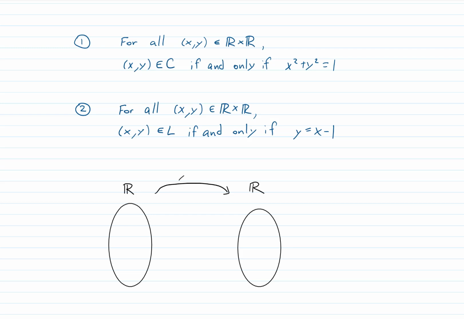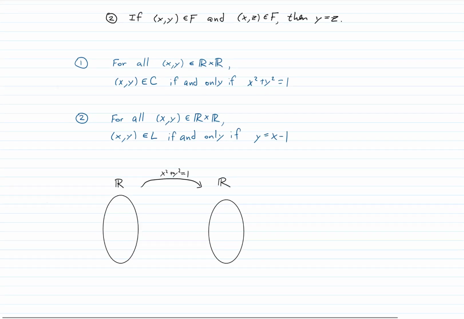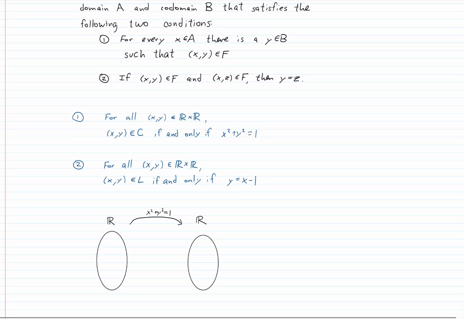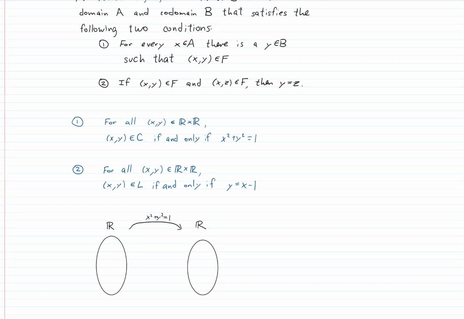I'm just going to write x squared plus y squared equals 1. Okay, that's the relation C. Okay, now I claim that C is not a function for two reasons. Look, there's two things that a function has to do, labeled up there in black, 1 and 2. And I'm going to show you that this relation fails both of those.